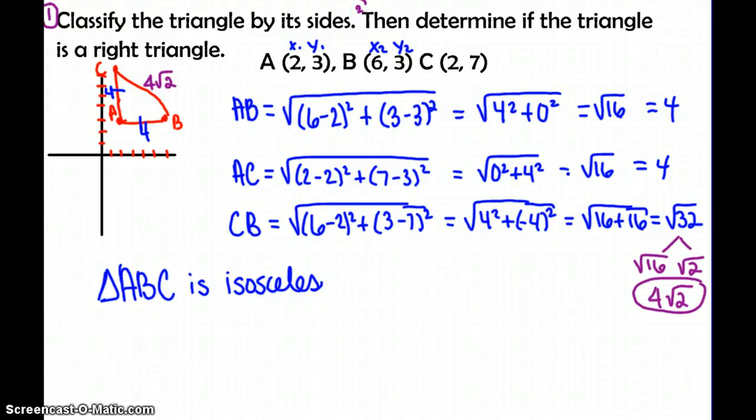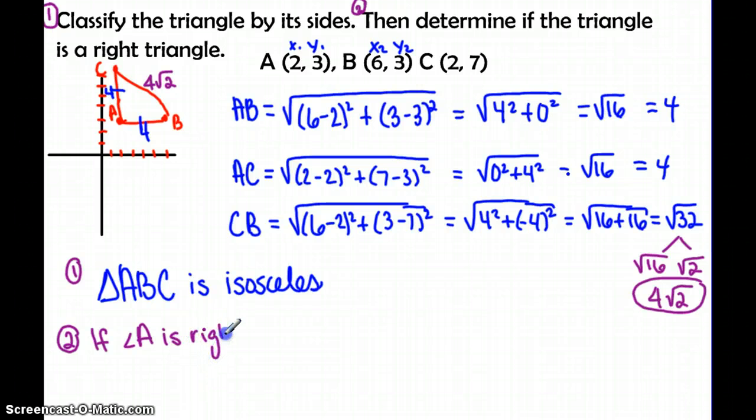The second part asked us to determine if the triangle is a right triangle. If something is a right triangle, that means we have a 90-degree angle. Well, by looking at my picture, I can kind of determine that it may be, and I can also help verify which angle I want to look at. I want to see if angle A is right.